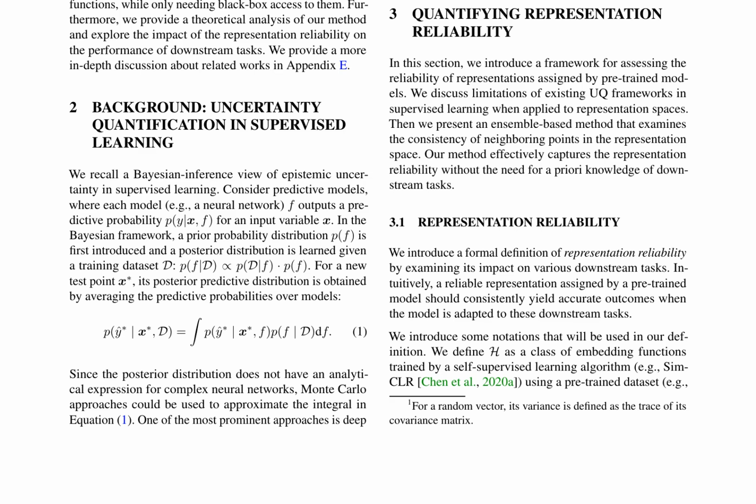Finally, the authors present their framework for assessing the reliability of representations assigned by pre-trained models, defined as the consistency of neighboring points in the representation space. They emphasize the limitations of existing uncertainty quantification frameworks in supervised learning when applied to representation spaces and present an ensemble-based method that effectively captures representation reliability without prior knowledge of downstream tasks.